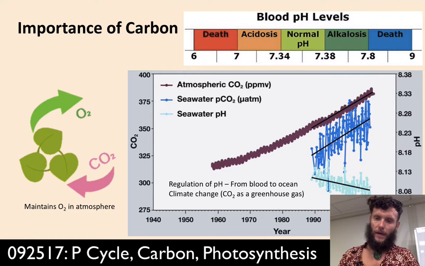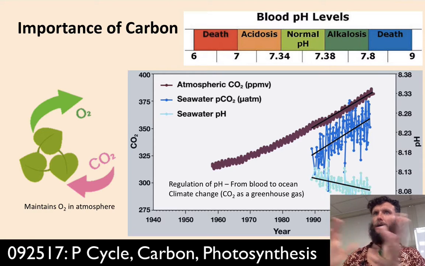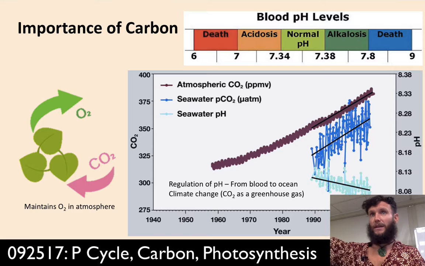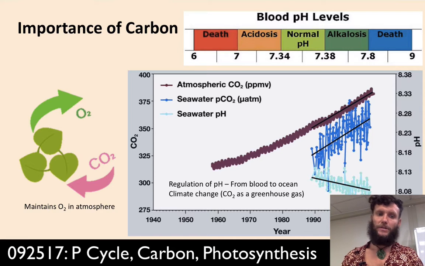And that's been driving the pH down because we're dissolving more carbonic acid in the water. Carbon dioxide is in equilibrium with carbonic acid. That's alluding to its importance in global climate change. Carbon dioxide is a greenhouse gas. It's driving temperatures up in the world because of that.